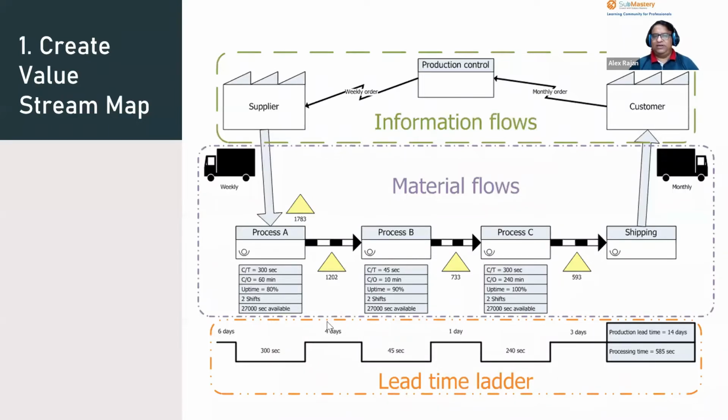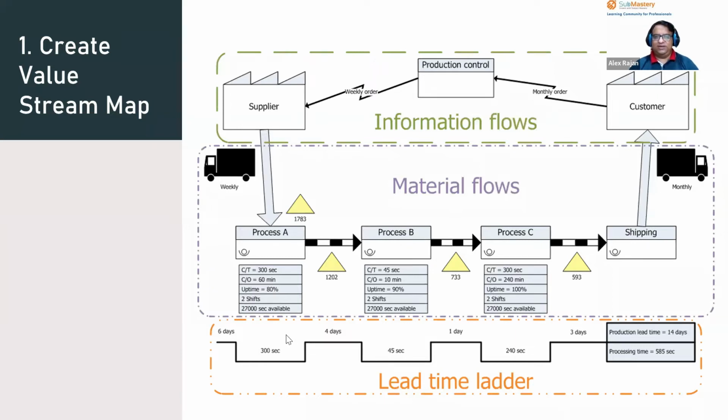On an average, a product waits 4 days to get into the next process, which takes 45 seconds. And on an average, a product waits 1 day to get into process C, which takes 240 seconds. So when you look at the processing time for one item across process A, process B, and process C, it is 585 seconds.